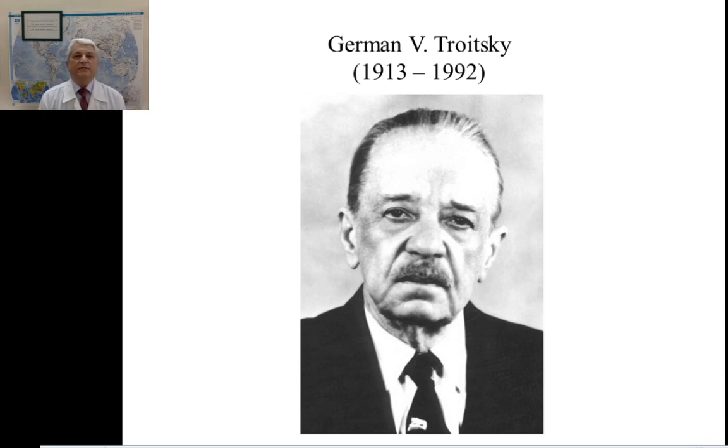And when the paper by Troitsky was published, many scientists said that it is impossible, and it was a real battle, a real struggle between different groups of scientists against Troitsky, and these people said that what he had published is nonsense.